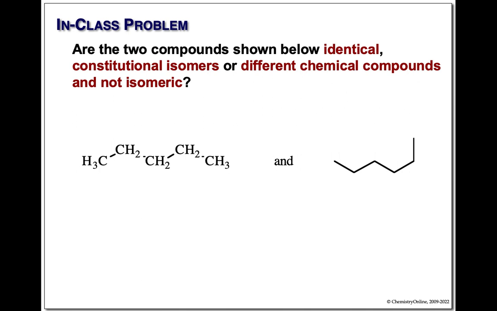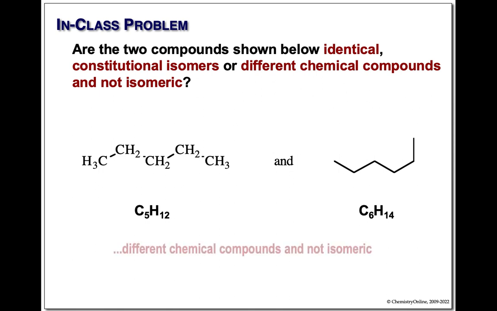We have 1, 2, 3, 4, 5, and 12 hydrogens. Over here we have 1, 2, 3, 4, 5, 6, and 14 hydrogens. They are clearly different chemical compounds, and we can separate these. They are not constitutional isomers, they are just different.